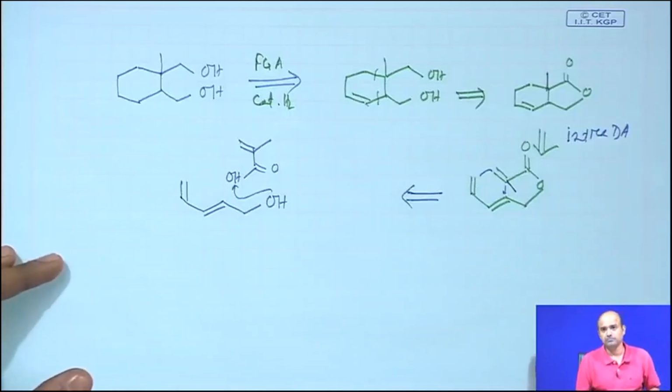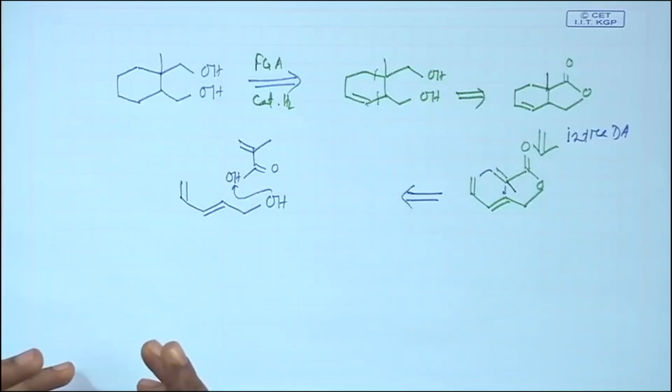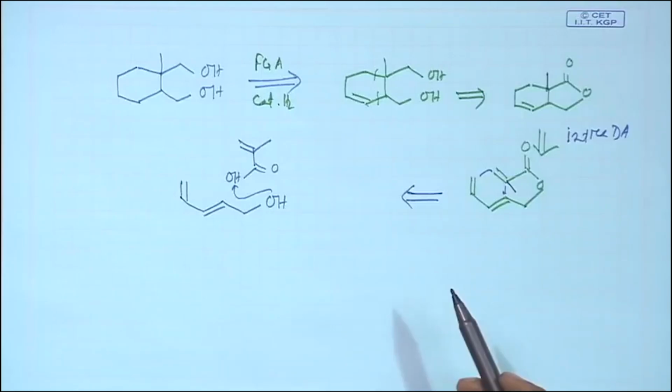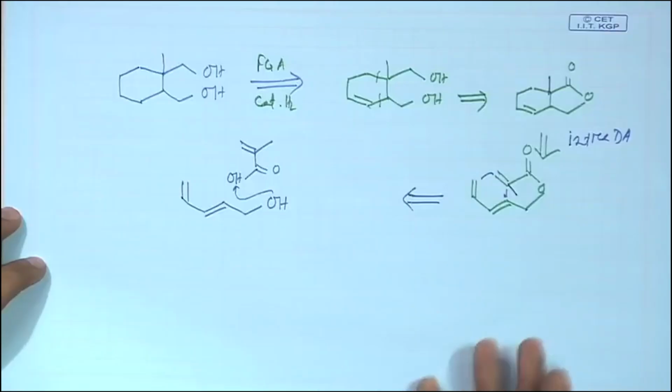So, same skeleton of the target, but we are taking the starting material in a different way. So, in principle this can also be fitted into the starting material based approach. So, the power is such that you have to devise the whole pathway in such a way you can fit into either functional group based approach, transformation based approach, or starting material based approach. So, this is a combination of all the things.